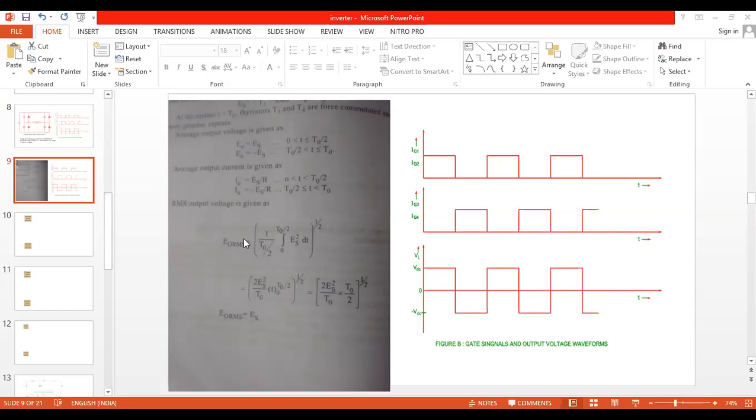What is the formula for RMS? Anyone? RMS voltage is the root of the mean of the square of the quantity. So here what is the quantity? Voltage. Therefore here we have taken Es, the input voltage, whole power 1 by 2, the square root we can write, root of the mean average. We already know the average formula is nothing but 1 by T integral 0 to T v of t dt.